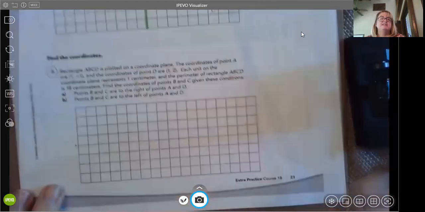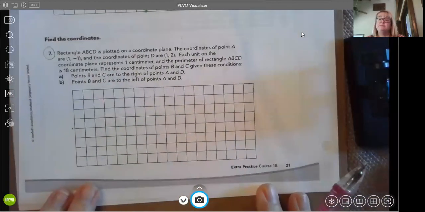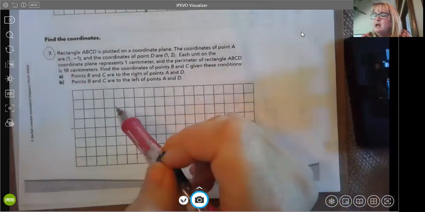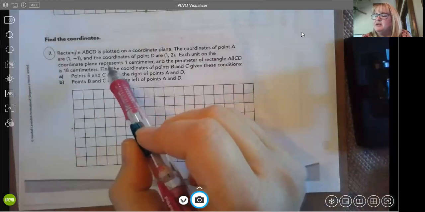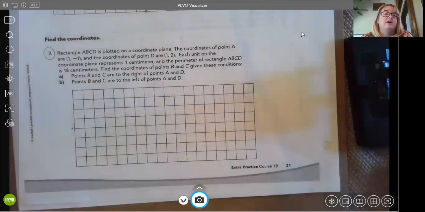The next one, the directions say find the coordinates. So this is lots of words, but we're just going to take it one step at a time. Rectangle ABCD is plotted on a coordinate plane. The coordinates of point A are 1 and negative 1. The coordinates of point D are 1 and 2.